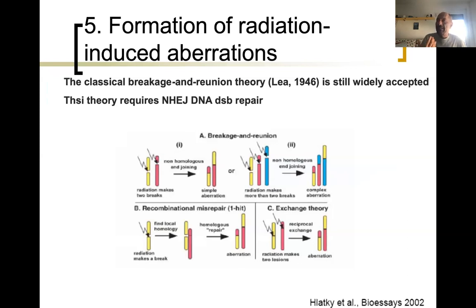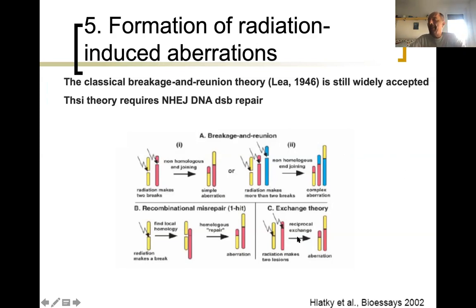What Douglas Lea called breakage and rejoining, we now call induction of DNA double-strand breaks and misrepair during non-homologous end joining. But you can easily explain both the formation of simple type aberrations, where you have two breaks, translocations or dicentrics, and also of complex type aberrations. You only have to induce more breaks and you will have more aberrations.